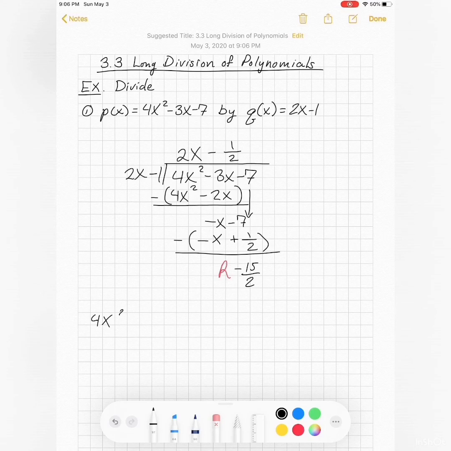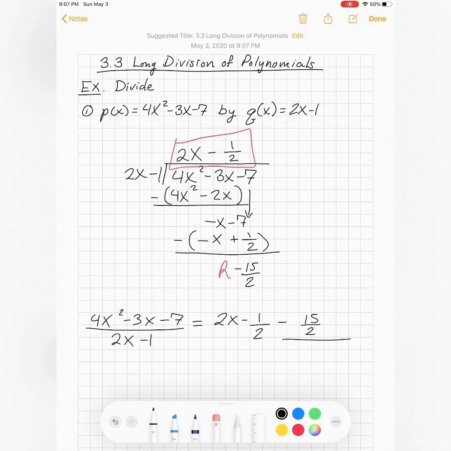If I wanted to actually write out my division, I'd say 4x squared minus 3x minus 7 divided by 2x minus 1 is equal to my quotient. That's what I got when I did the division. And then I have my remainder. Now that remainder was not actually able to be divided by the divisor, okay? So it has to stay over that divisor.